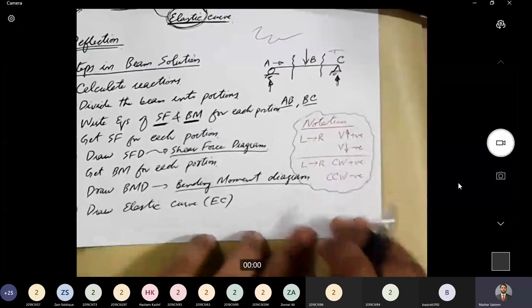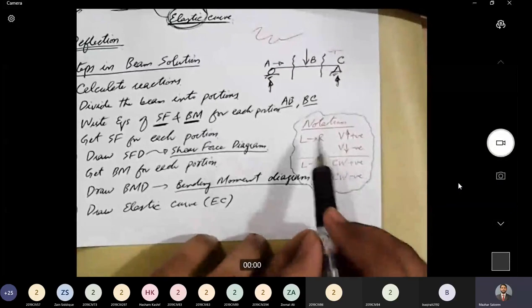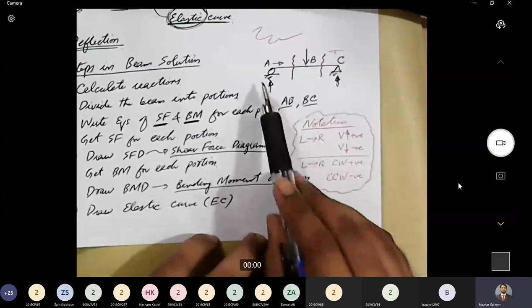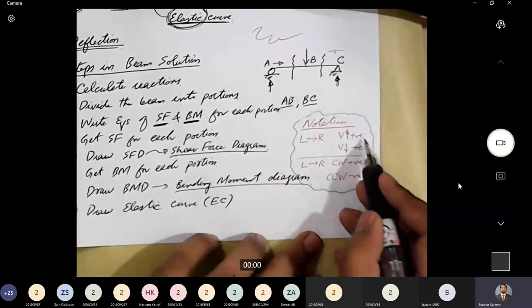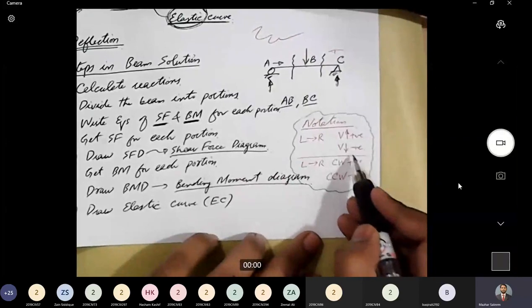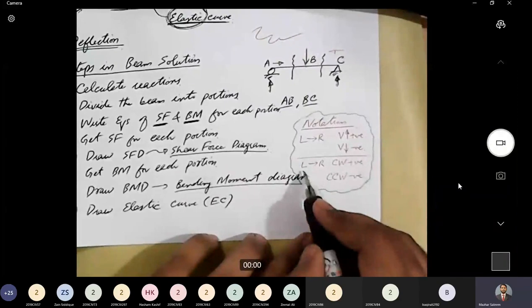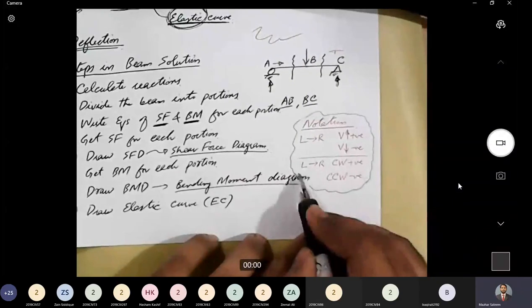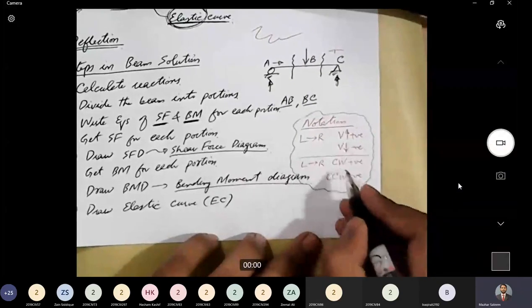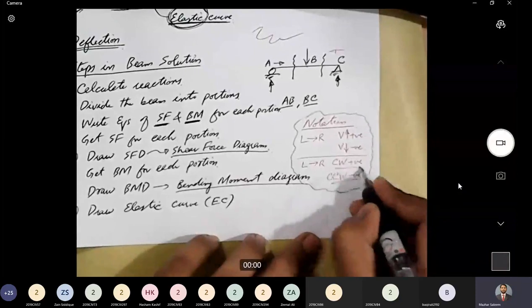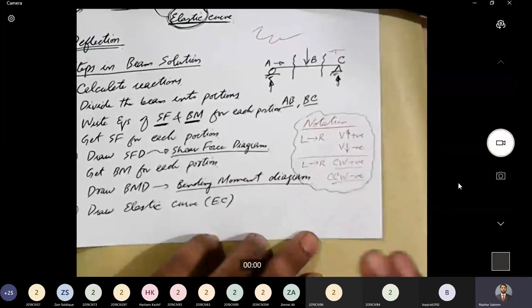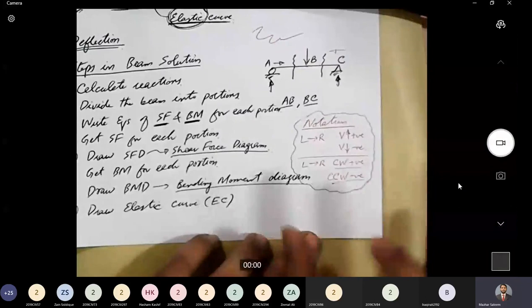We will be using this convention all the time. Again, for bending moment, we will be moving in the same direction, clockwise positive and counterclockwise negative. And I repeat that this is our convention.